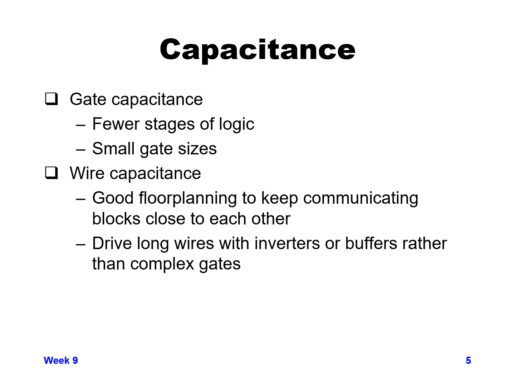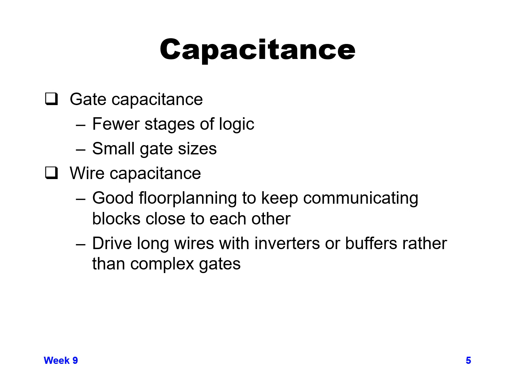There are designs that are more wire dominated than gate dominated, and if you have that type of design, try to do good floor planning, keeping blocks that have lots of communication, large buses between them, as close together as possible, which can reduce your wire capacitance.